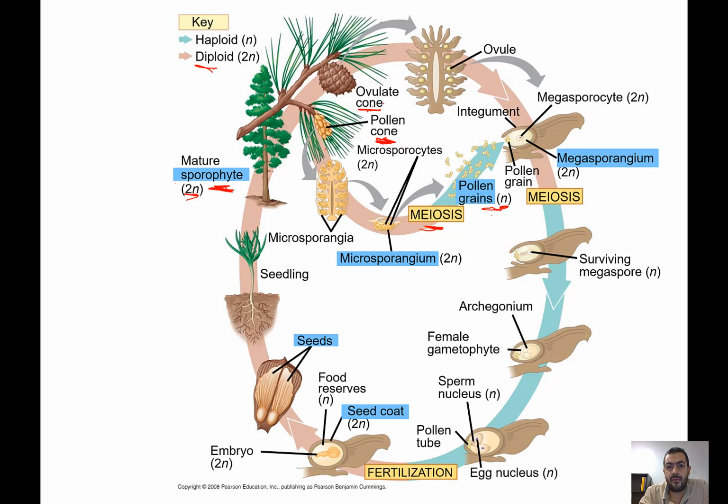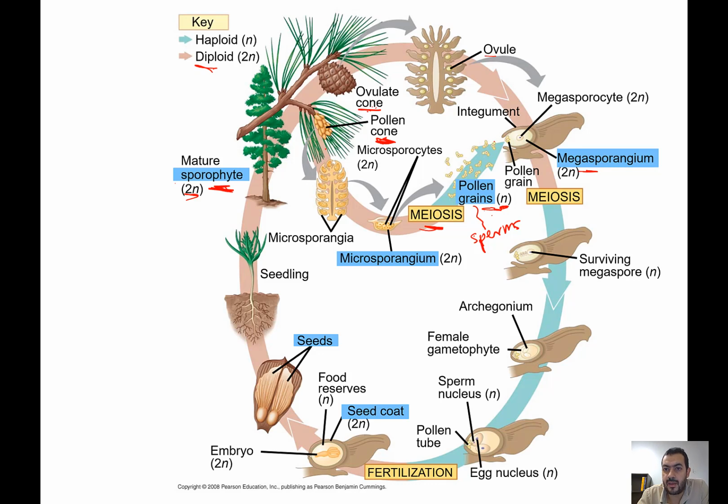Then the ovulate cone will give rise to the ovule, and this ovule will give the megasporangium. So can you see here that the ovule will give the megasporangium? And what will happen, as we said, the pollen grains contain the sperms. So the sperms are actually enclosed in this pollen grain, which will be carried by the wind or the insects.